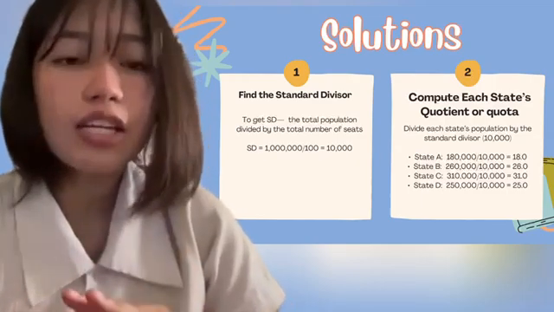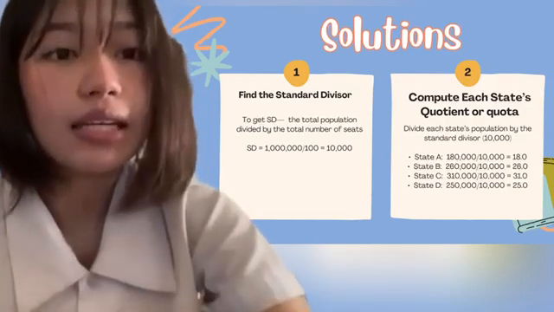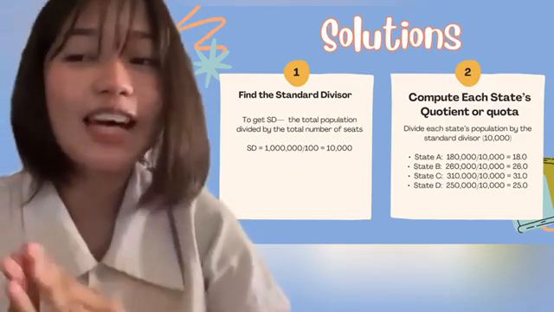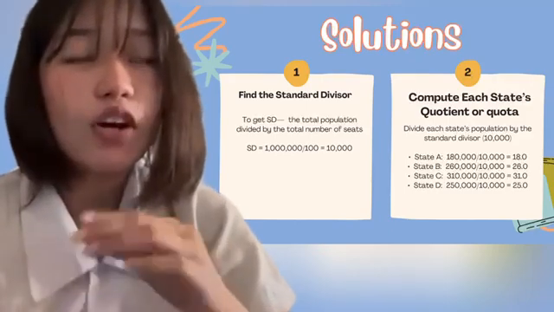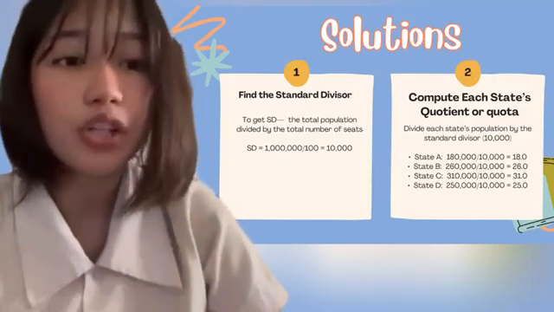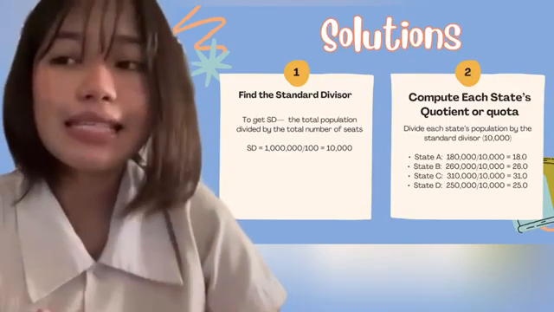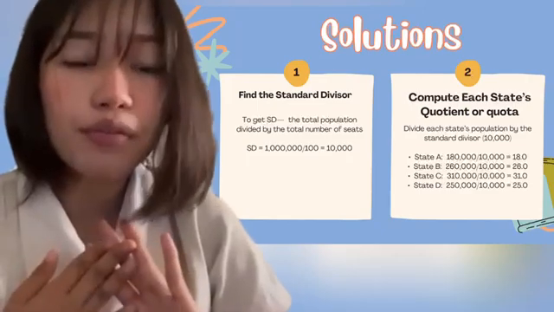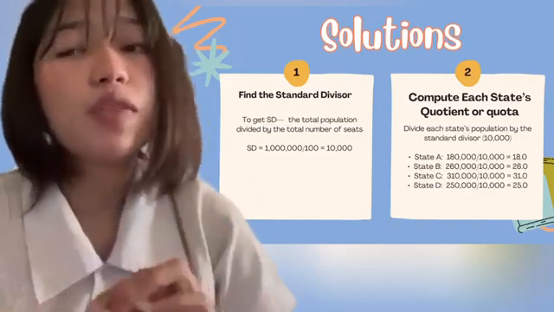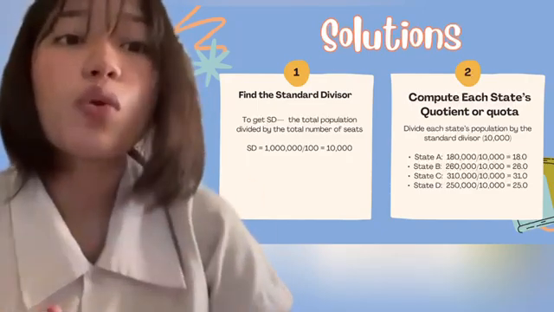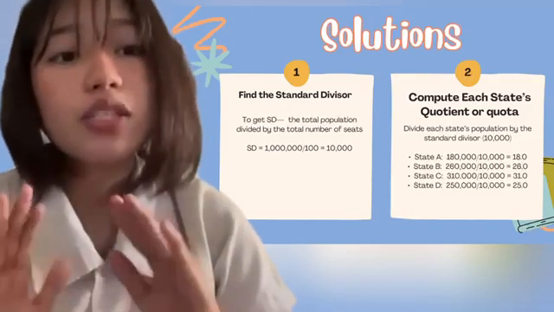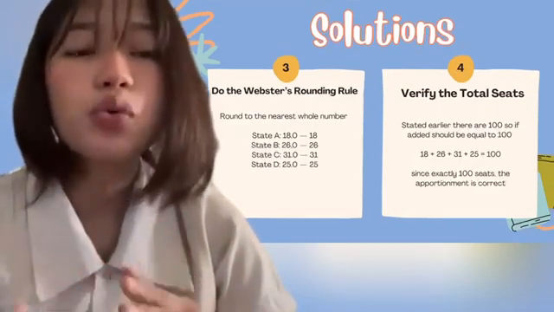State C has 310,000 divided by 10,000, which equals 31.0. And lastly, state D has 250,000 divided by 10,000, which equals 25.0.